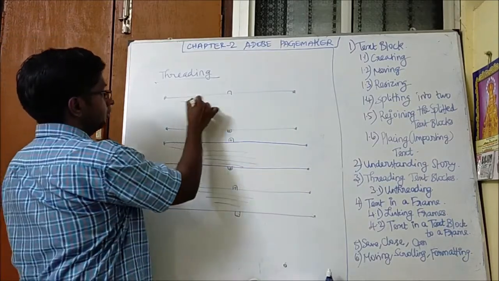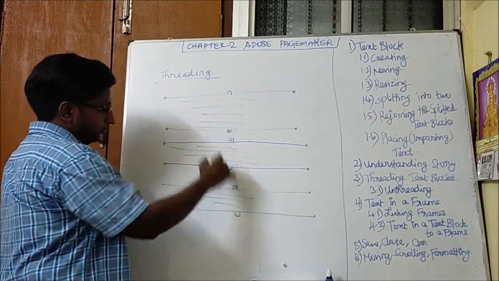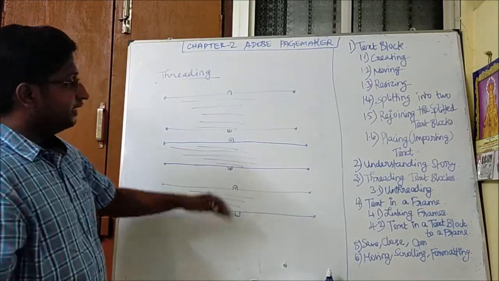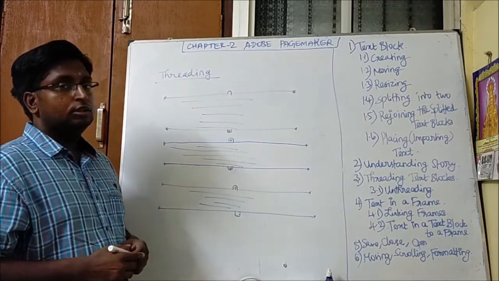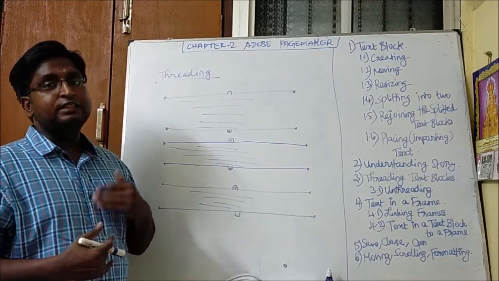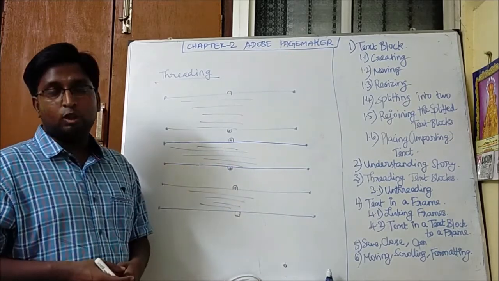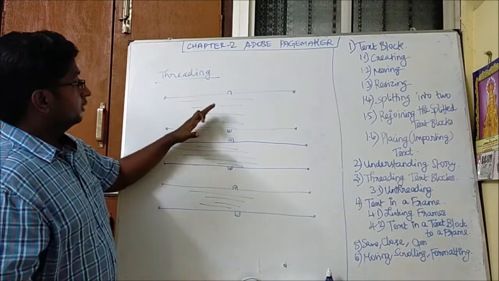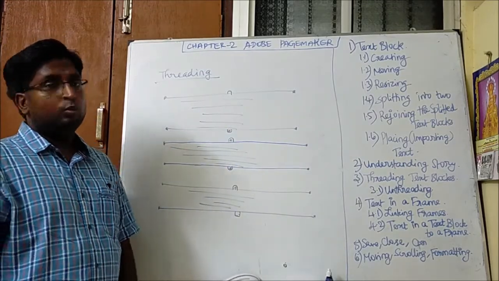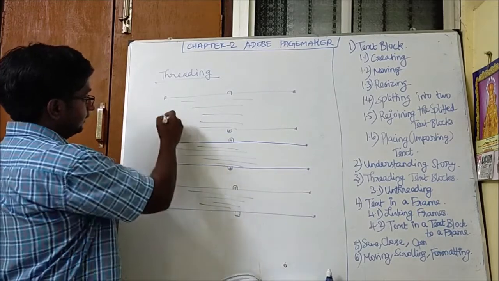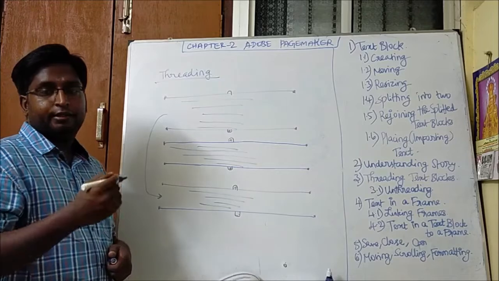Say for example, all these text are flowing in these three text blocks. If you are unthreading a text block, say for example the second one, middle one, the second one will get unthreaded, whereas the first and third one will get threaded, will get connected.